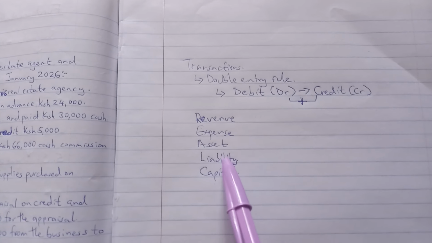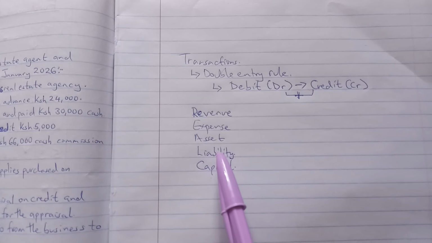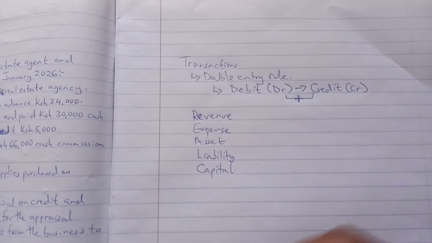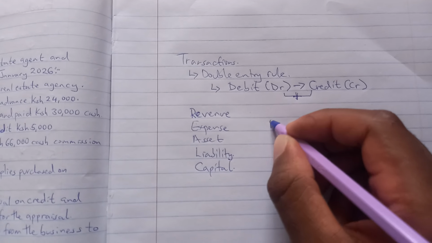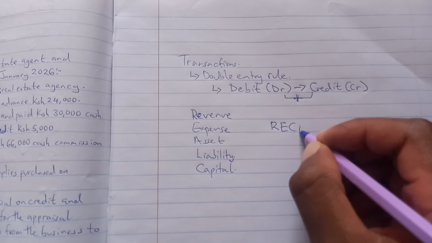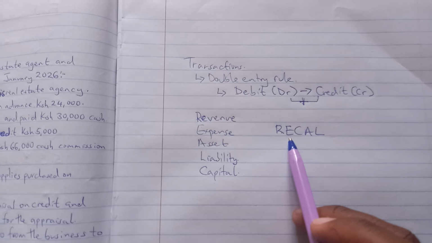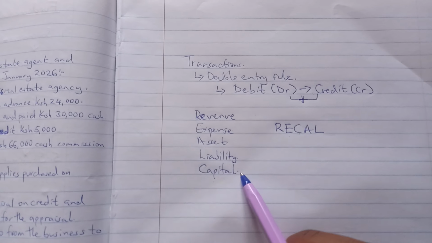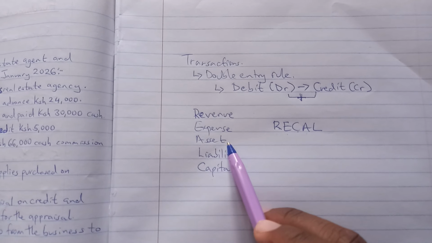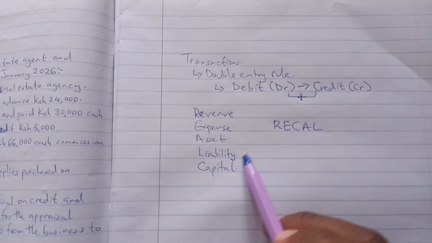I talked about this in our last video, and I used the mnemonic recall: R for revenue, E for expense, C for capital, A for asset, L for liabilities.